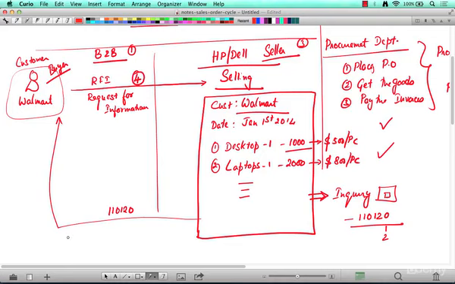What is an RFI? What are the contents of an RFI? How is an RFI created in the system from a seller's perspective, implementing SAP, and how they respond back to the customer? So that was the process of inquiry. In the next lesson, we're going to talk about the next step, which is the quotation.